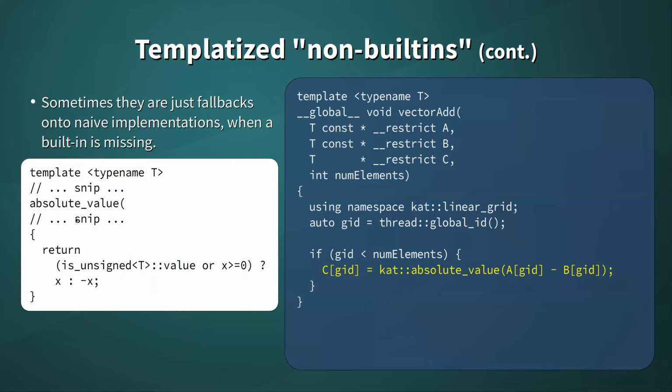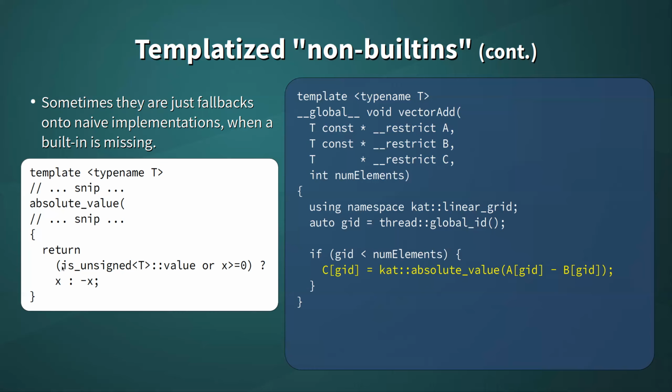I'm skipping the tag-based dispatch of the template and other templating voodoo. But essentially, if you have a custom type, we'll assume that you can compare it with 0, and maybe it might be unsigned.